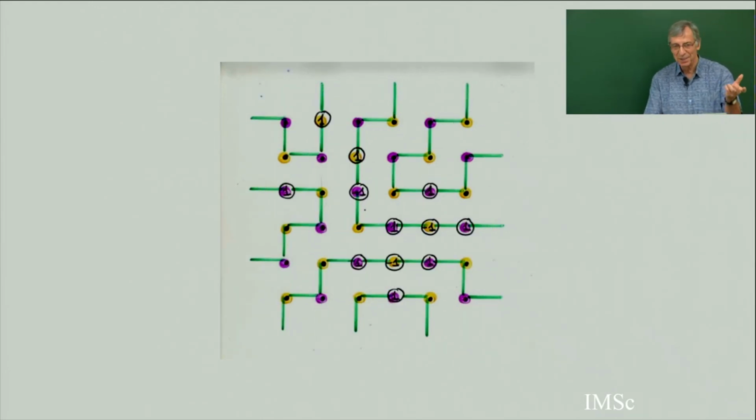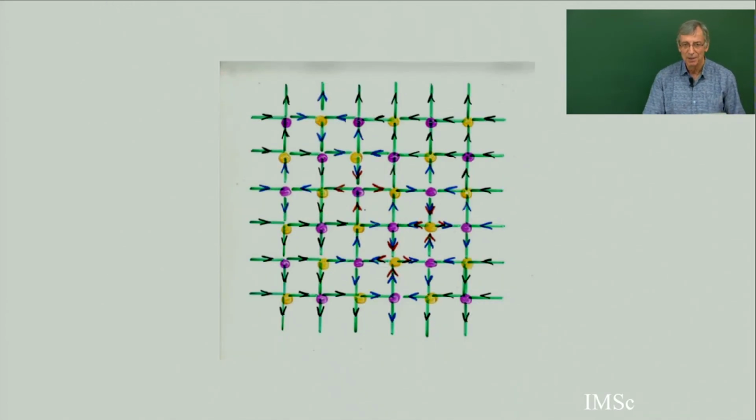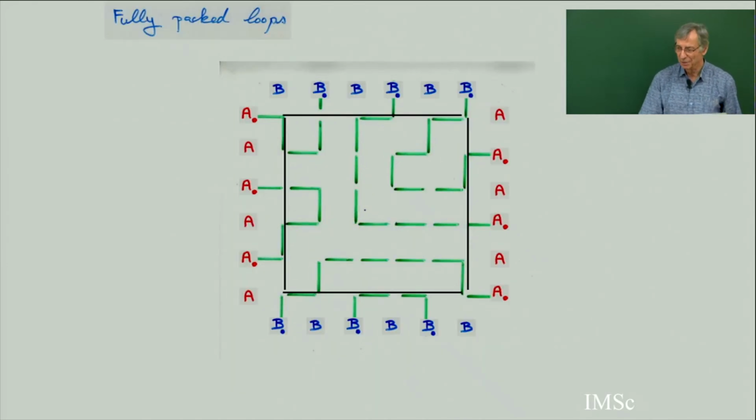Because of this, you can check that you get an FPL with a good boundary condition, and you can check that this is a bijection. You can go back. So it's a bijection between alternating sign matrices, which are obviously in bijection with the 6-vertex model with domain wall boundary condition, and the FPL with this alternating boundary condition.